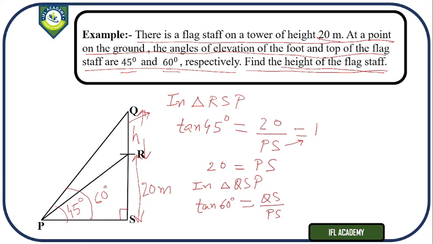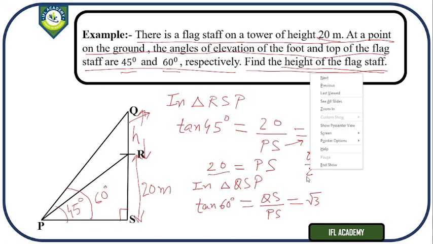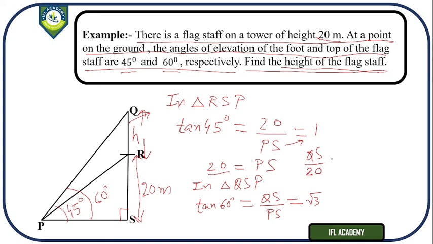So tan 60 degree equals to perpendicular upon base. The value of tan 60 is root 3. So this will be equal to root 3. And what is the value of PS? PS is 20. So QS upon PS value 20 will be equal to root 3.